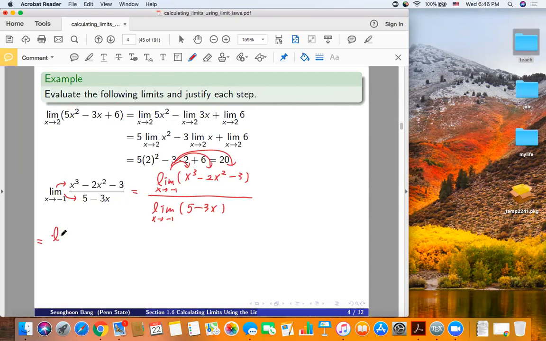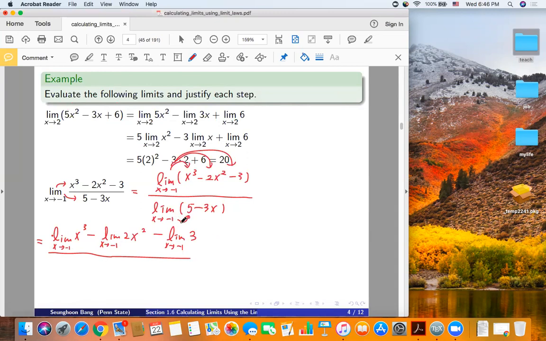The top one is the limit as x approaches minus 1 of x cubed, minus the limit as x approaches minus 1 of 2x squared, minus the limit as x approaches minus 1 of 3, over the bottom one, same.